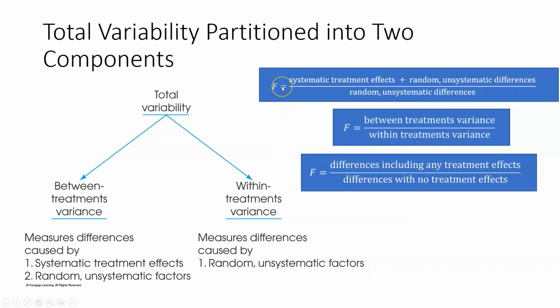However you think about it, what we're doing here is taking the systematic treatment effects, the size of the differences because of the treatment, and the size of the differences because of just random individual differences, and dividing it by how much difference we would expect there to be just by chance because of randomness.